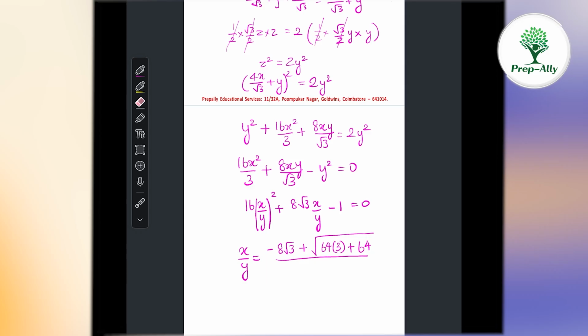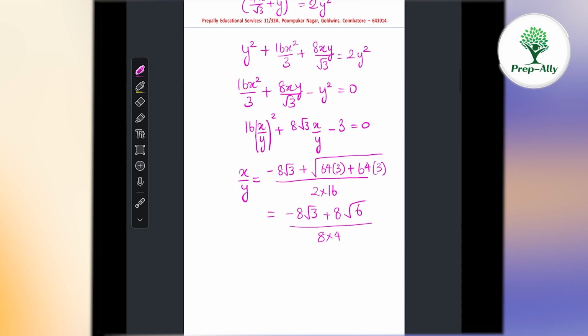We missed the 3 here. So when we multiplied the equation by 3, we got a 3 here. So that's 64 times 3 again, divided by 2 times 16, which equals minus 8 root 3 plus 8 root 6 divided by 8 times 4.